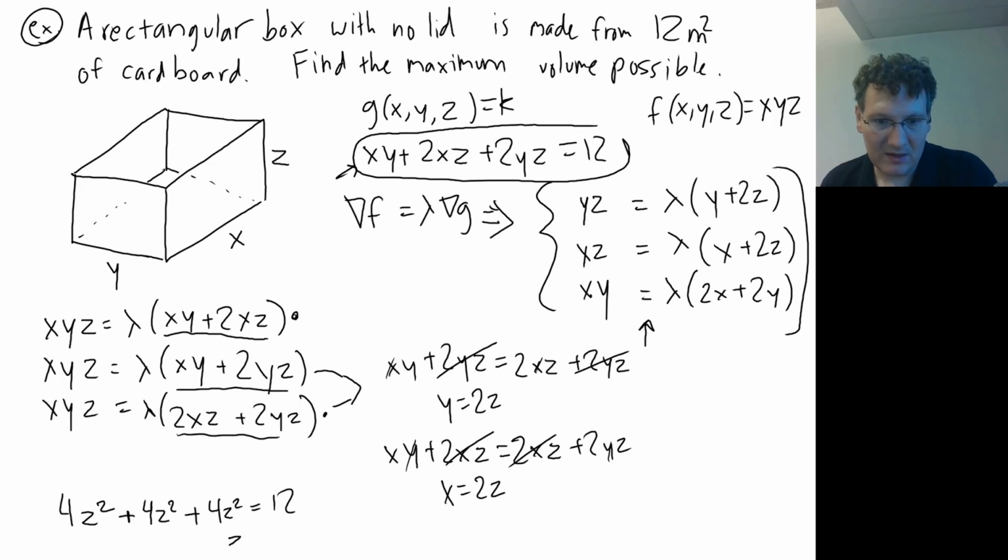So it turns out that z squared is equal to 1. Sorry, z squared is equal to 1, right? So z is going to be equal to 1.